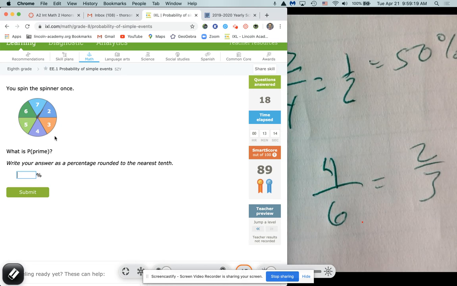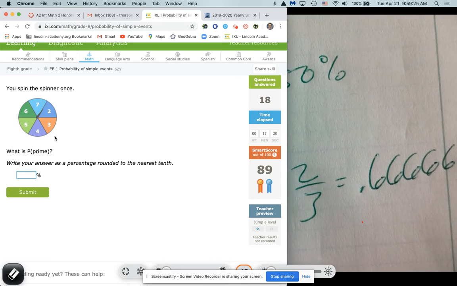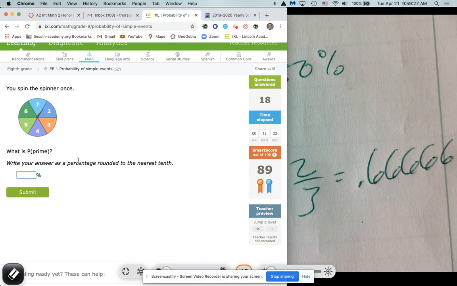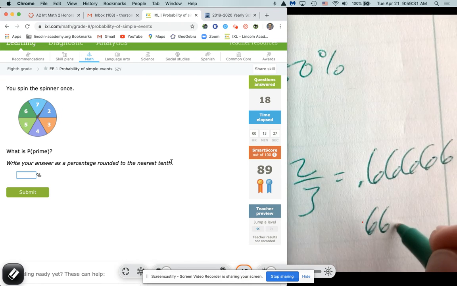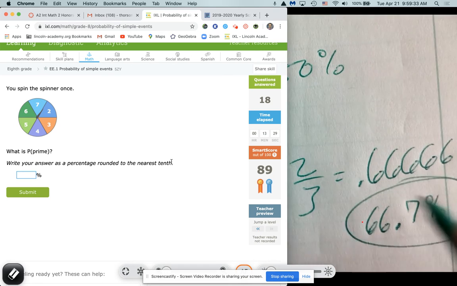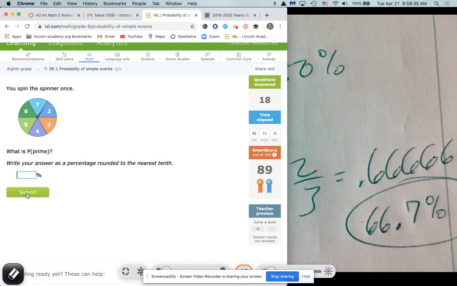So there's a 2/3 chance, which, by the way, is 0.66666. And it says write your answer as a percentage rounded to the nearest tenth. So that's going to be 66.7%. Don't make a mistake of doing 0.6%. You're rounding to the nearest tenth. So I'm going to type in 66.7%.